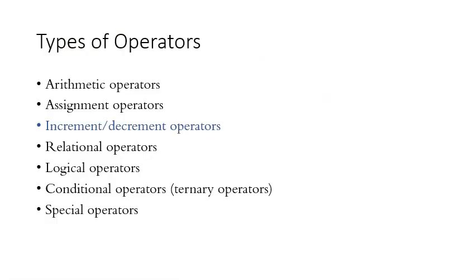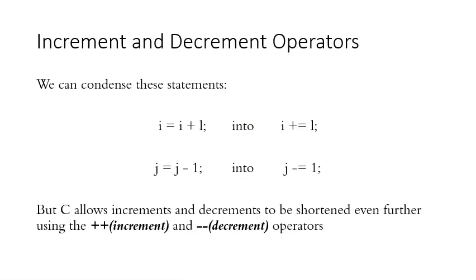Okay. So now let's move on to your increment and decrement operators. We are so close. Two of the most common operations on a variable are incrementing as well as decrementing, which are simply operations for adding 1 and subtracting 1 to a variable.